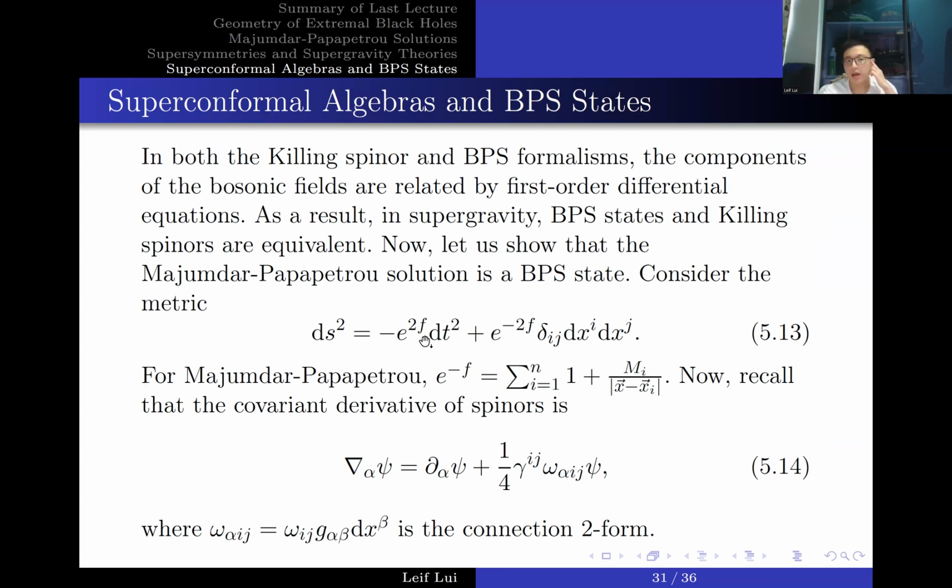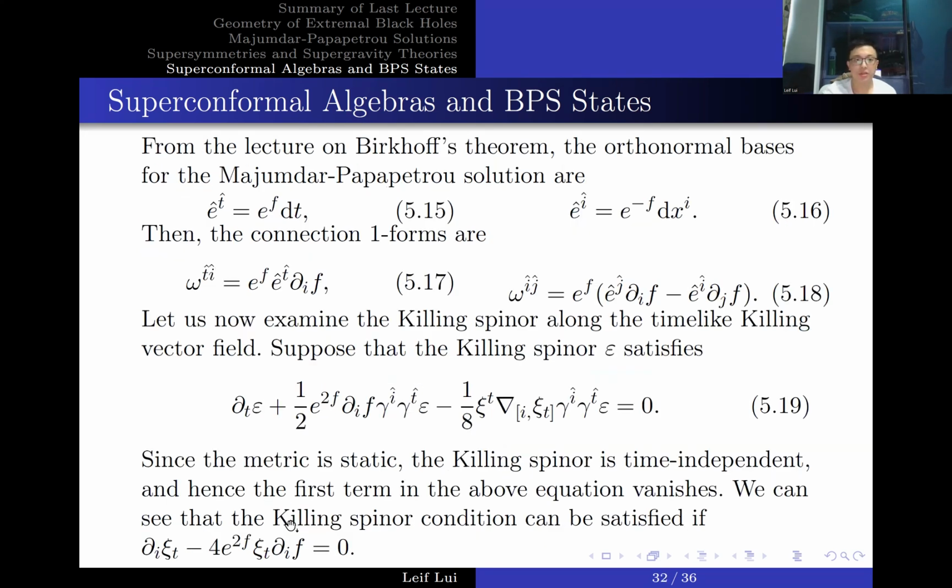This need not be the Majumdar-Papapetrou solution; any metric that has the following form can be shown to be a BPS state. For the Majumdar-Papapetrou solution, e^{-f} is equivalent to this. Now, recall that the covariant spinor derivative is as follows, where omega^{ij}_α is the connection 2-form, and omega^{ij} is the spin connection.